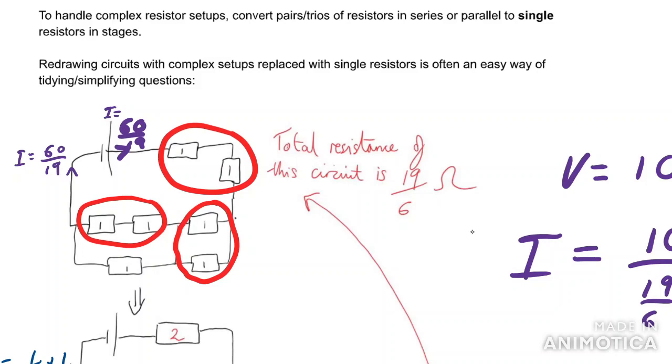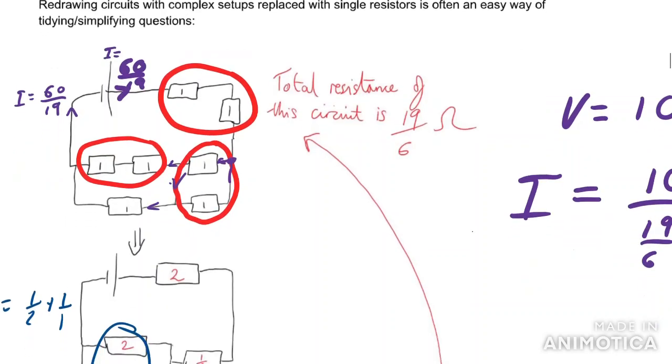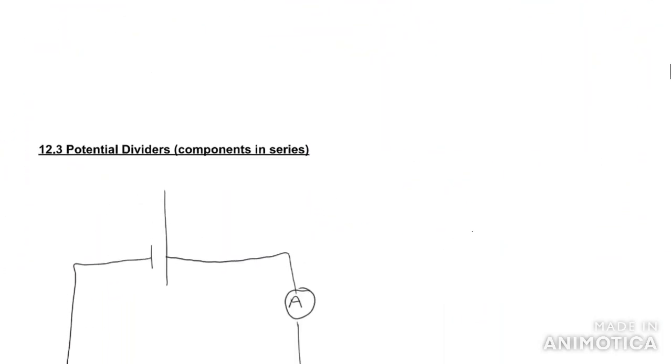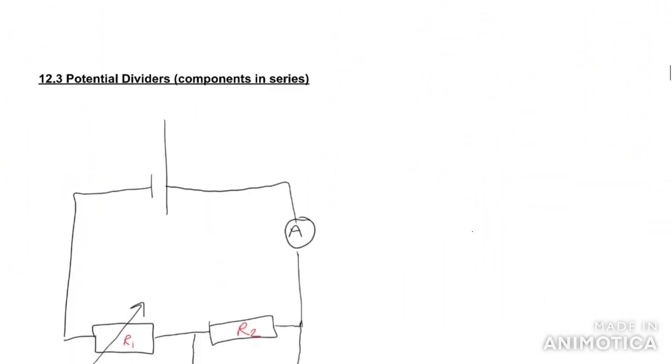Obviously it's going to split at these points, all over the place, which gets nice and confusing, but we know the total current in the circuit is that, and that will be very helpful for more complicated questions down the line.